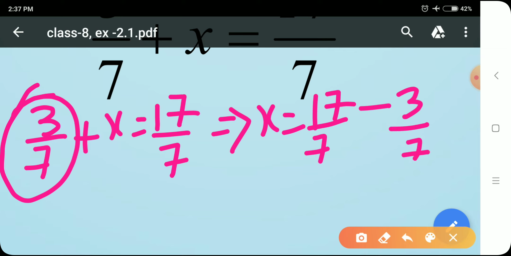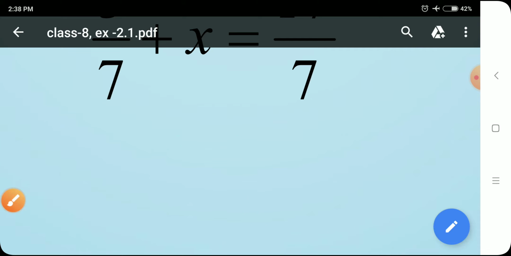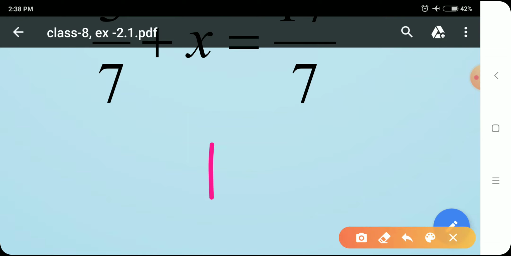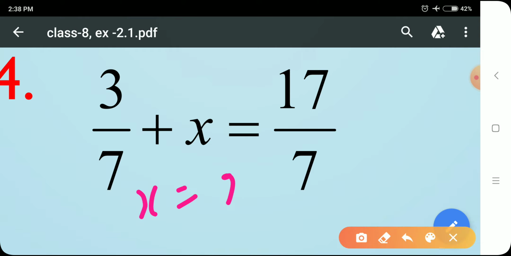After taking LCM you will get 7 and after solving you will get 17 minus 3. It will become 14 upon 7. x is equal to 14 upon 7, it will become 2. So the result of this question is x is equal to 2.